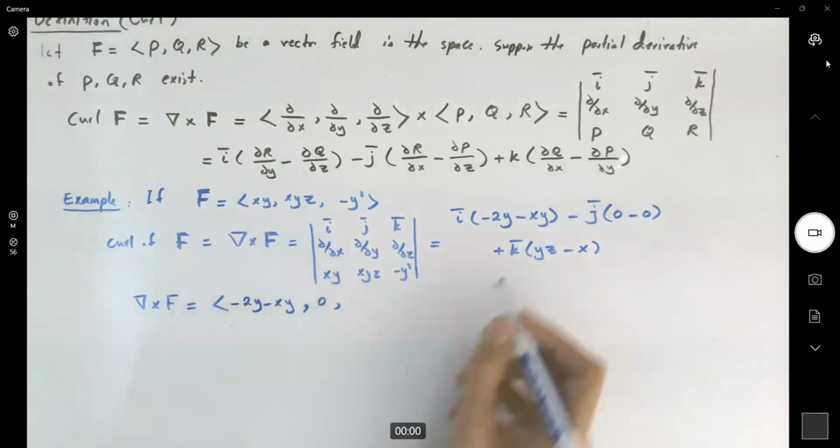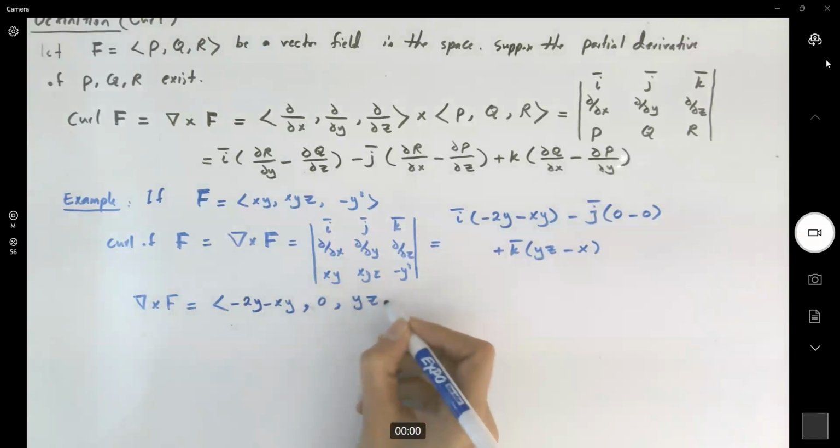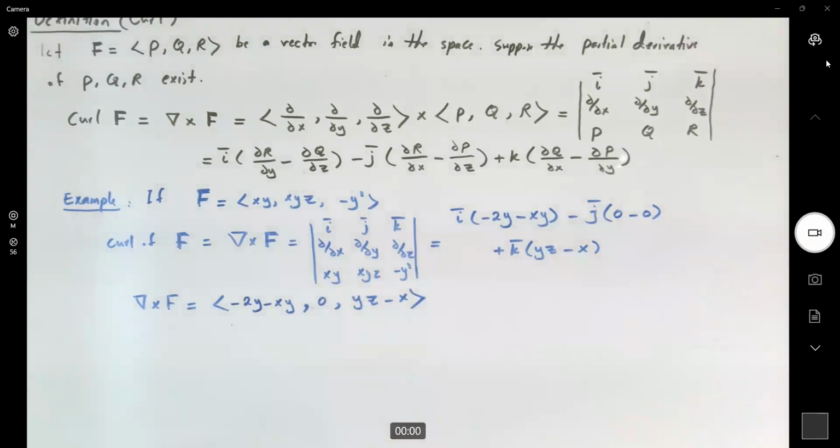The second component is 0, and the last component is yz minus x.